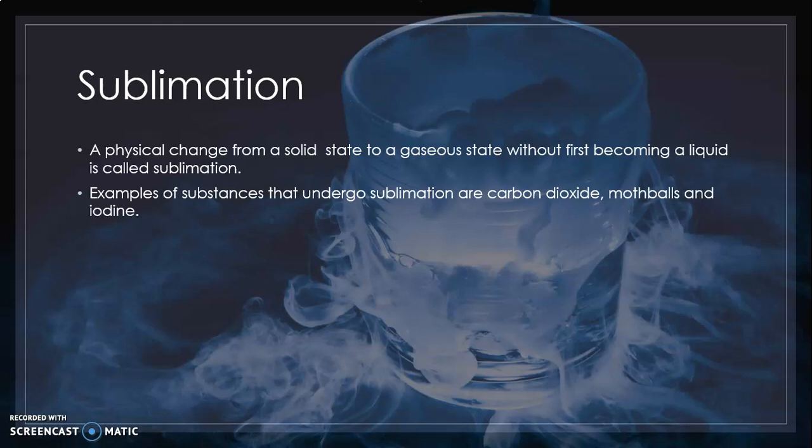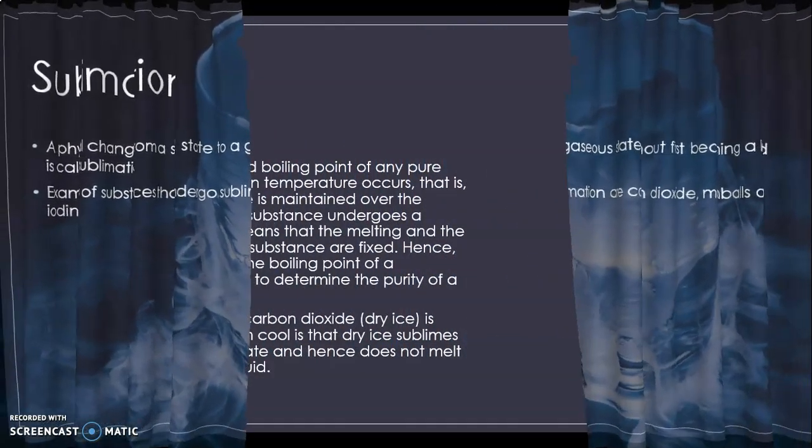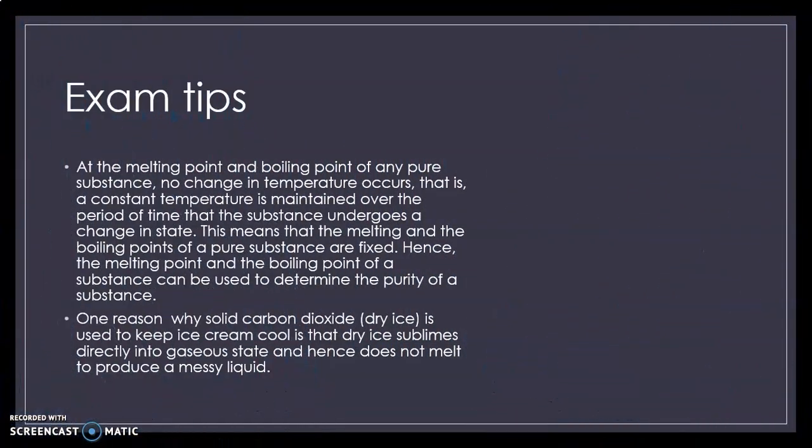Got it? Alright. So I'm ready to give you something very special, that is exam tips. At the melting point and the boiling point of any pure substance, no change in temperature occurs. That is, a constant temperature is maintained over the period of time that the substance undergoes a change in state. This means that the melting and the boiling points of a pure substance are fixed.